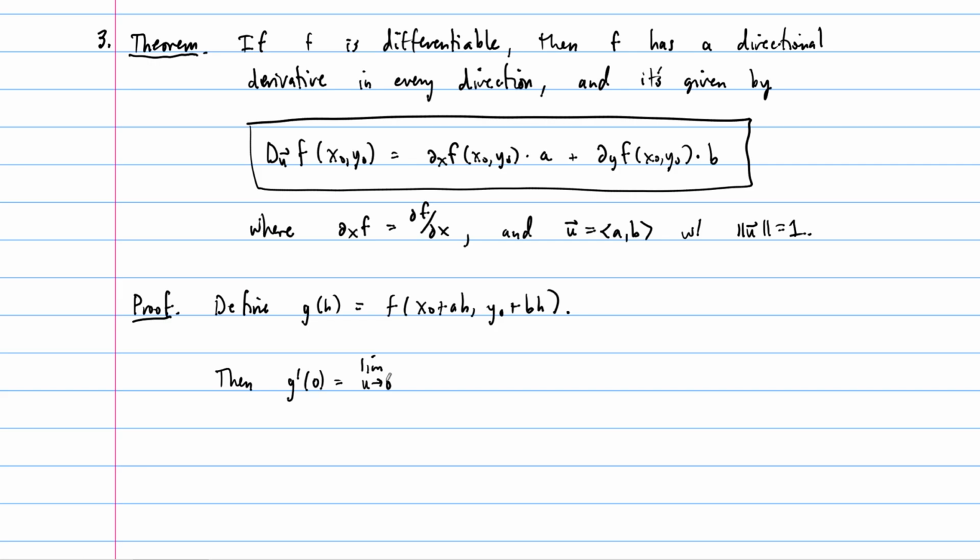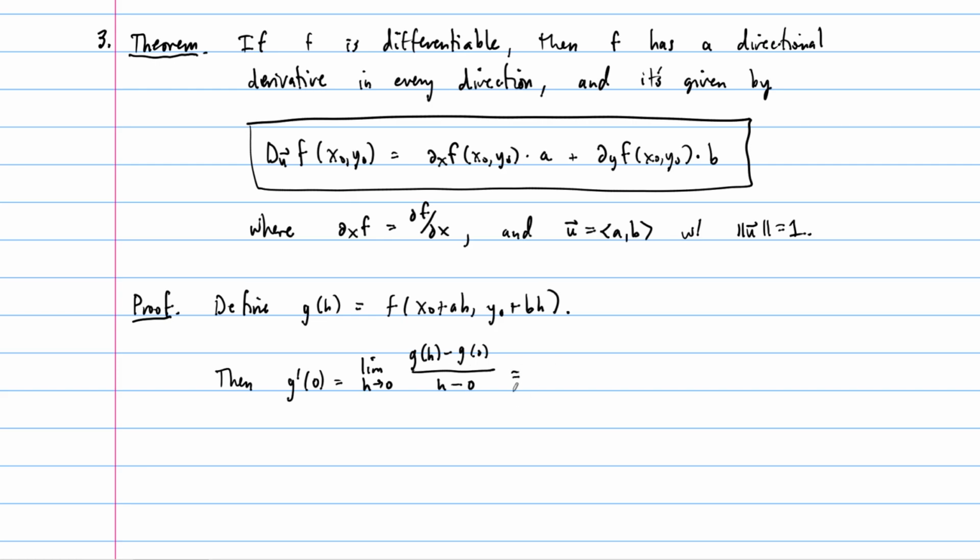So the limit is u approaches 0 of, well, I guess we could still use h here because this is as h approaches 0. Let's use the h because it's going to be more enlightening here. So I'm actually going to write this as kind of the other definition of derivative. So g of h minus g of 0 over h minus 0. So this is the limit as x approaches x naught, f of x minus f of x naught over x minus x naught. So the slope version of the derivative. But this is completely correct.